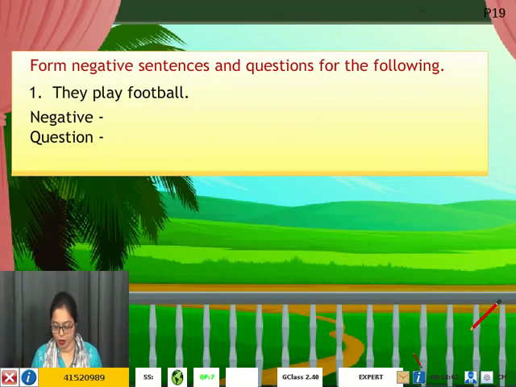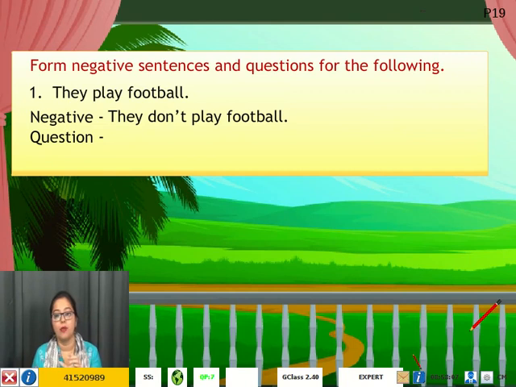Okay. So let's see. When you turn they play football into a negative sentence, the answer will be they don't play football. Okay. Don't is the negative part. As I have already told you, do not or don't is used in the sentence structure. So, they don't play football.